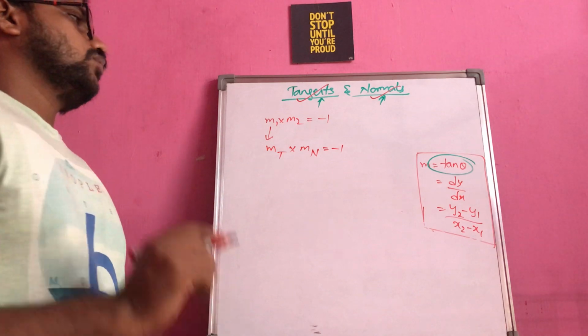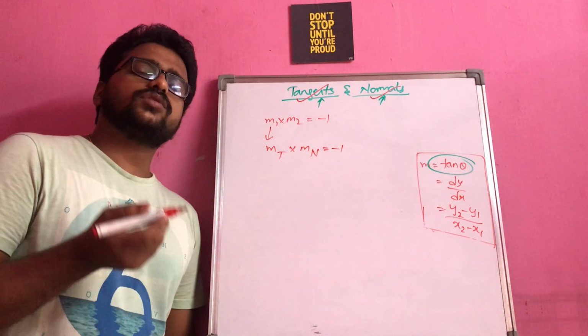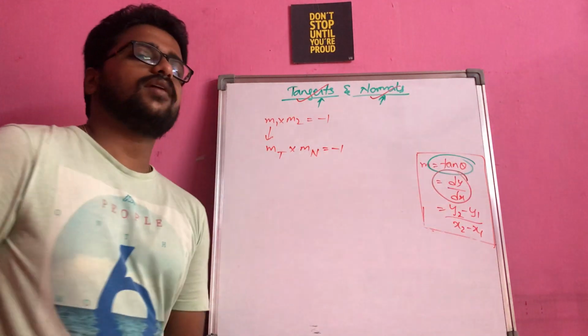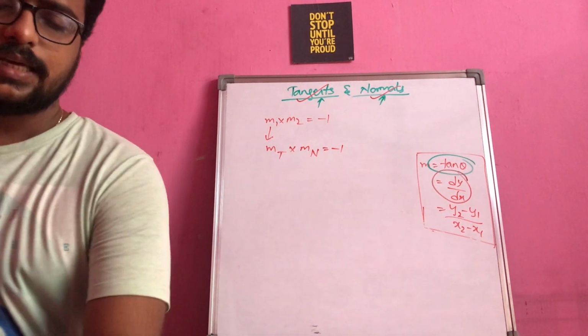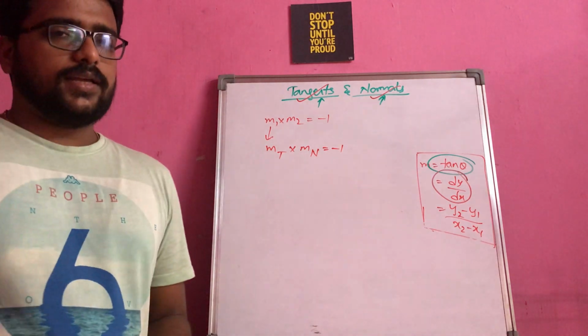Now, let me tell you one small question. For any given curve, the only key point you have to understand is that we have to find the value of dy by dx. Once you find dy by dx and the point is given to you, you substitute in the required equation.